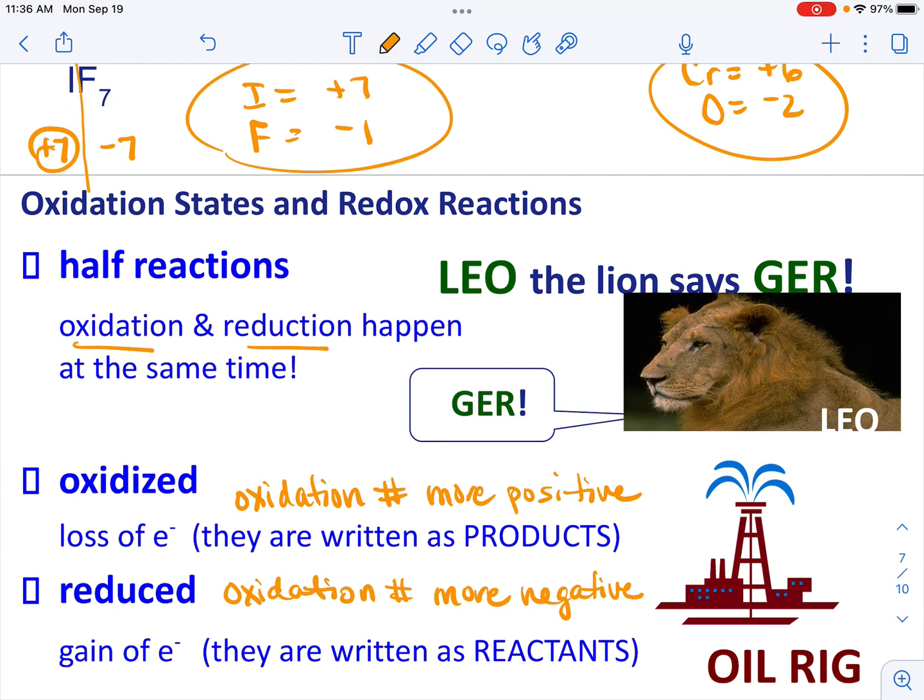There's a couple mnemonics you can decide on. I just always remember that the oxidation number goes down, right? Goes down is a reduction, and the opposite is the oxidation. Goes up is oxidation, goes down is reduction. Or you can use the mnemonic OIL RIG. Oxidation is loss, and reduction is gain.